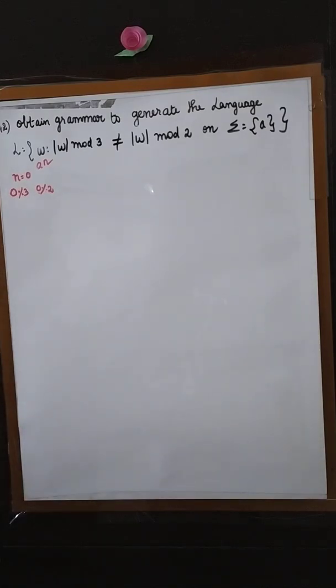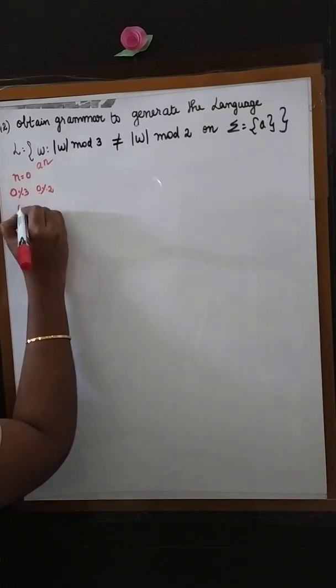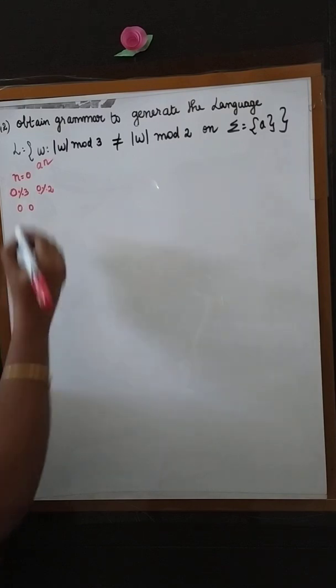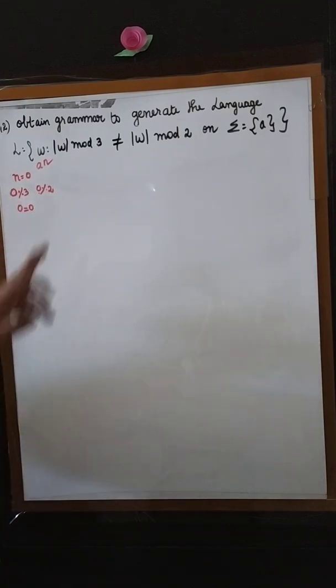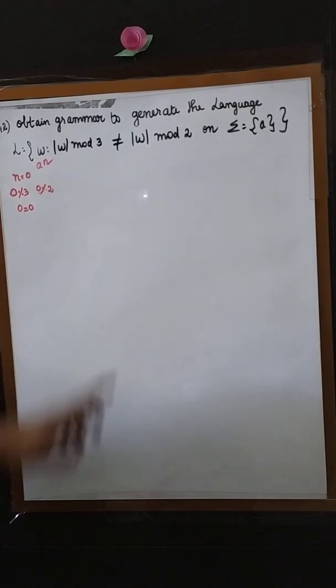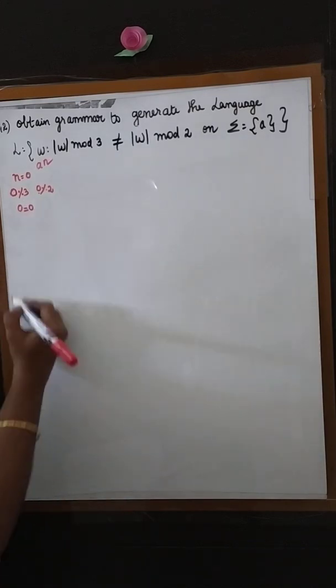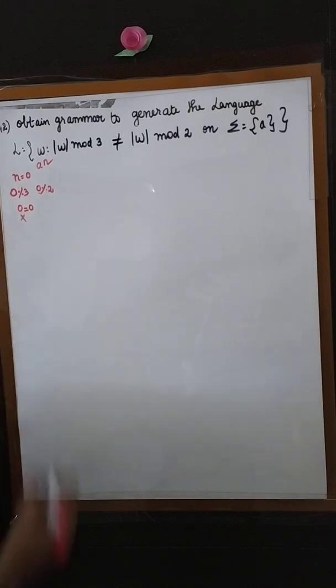What will be the remainder? Both will be equal, right? I will get 0 and 0, so 0 for this part and 0 for this part. Since I told you it should not be equal, and this becomes equal, I cannot take this.